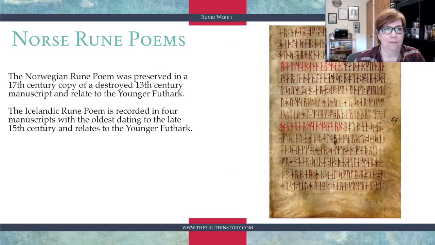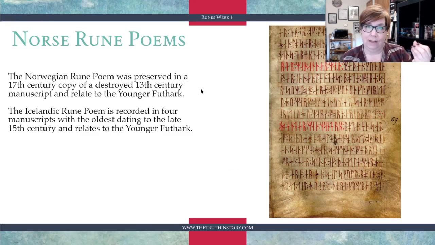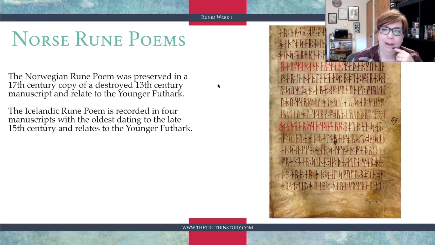This is an example of the Norwegian rune poem. This is 17th century, so the 1600s, but it's a copy of a 13th century manuscript. And then the Icelandic rune poem is in 4 different manuscripts that we have. The oldest of those would have been in the 1400s, and those were specific to the Younger Futhark, so we don't have all of the letters in those because that was a smaller alphabet.